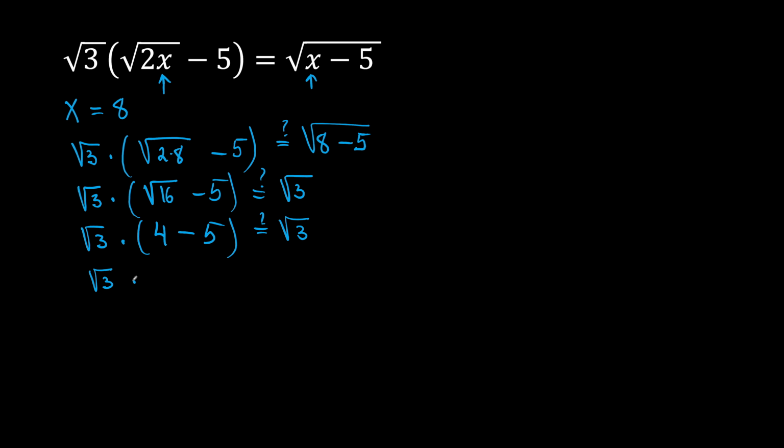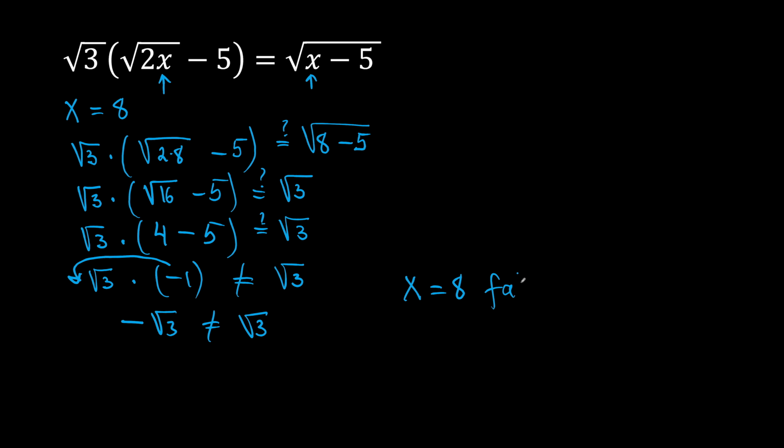Square root of 3 times negative 1 is definitely not equal to square root of 3, because we took this negative 1 up front. So the solution x is equal to 8 is a false solution. We do not take it. It did not check out. So one solution dropped out.